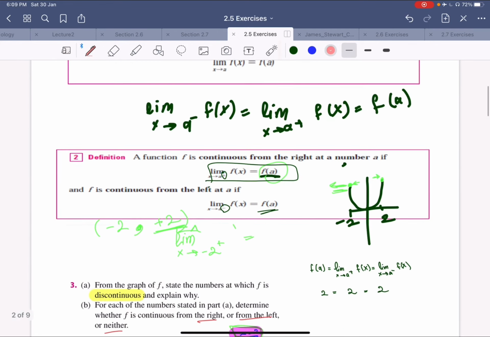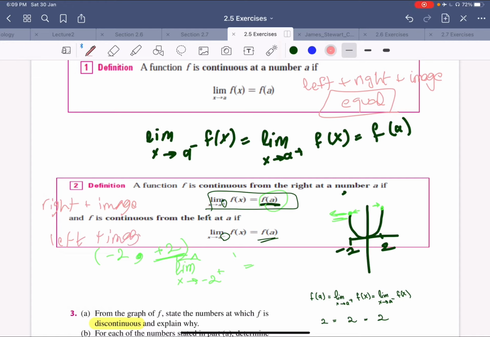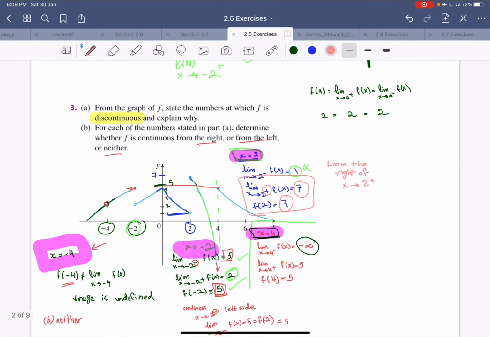So either the function is continuous from the left plus right plus image, all equal, or we have only one side, either right plus image or left plus image, equal together. So x equals 2 only from the right.